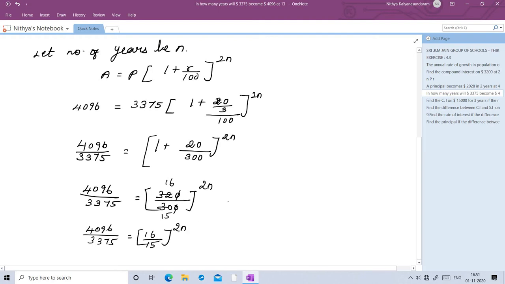Here we want to find out n. So taking the cube root on both sides, left hand side as well as right hand side.